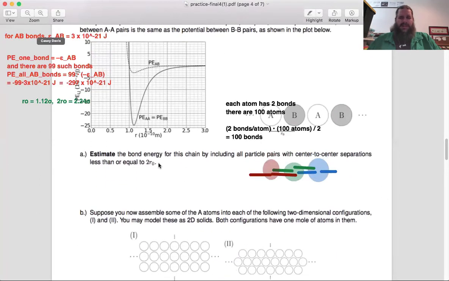And in part B, it's talking about not just 100 atoms, but a mole of atoms. So 600 sextillion atoms, a huge number of atoms, which means the edge effects are going to be insignificant. There's a lot of atoms on the edge, but those are very small amount compared to the enormous number of atoms on the interior. So for very large clusters, you can completely ignore edge effects without any problems at all.